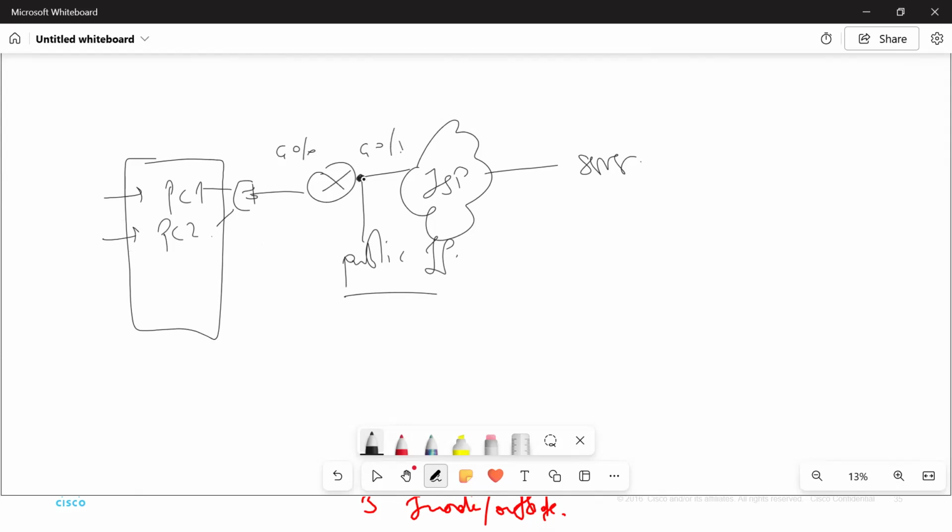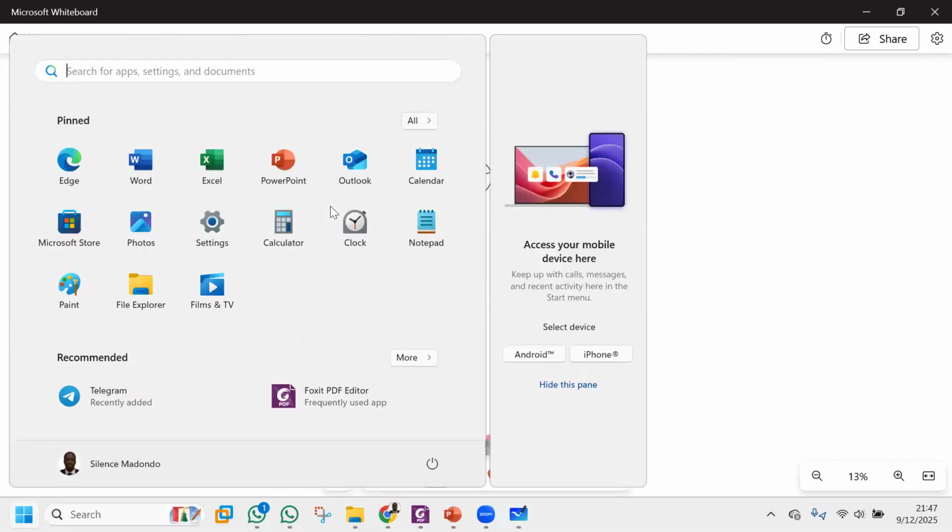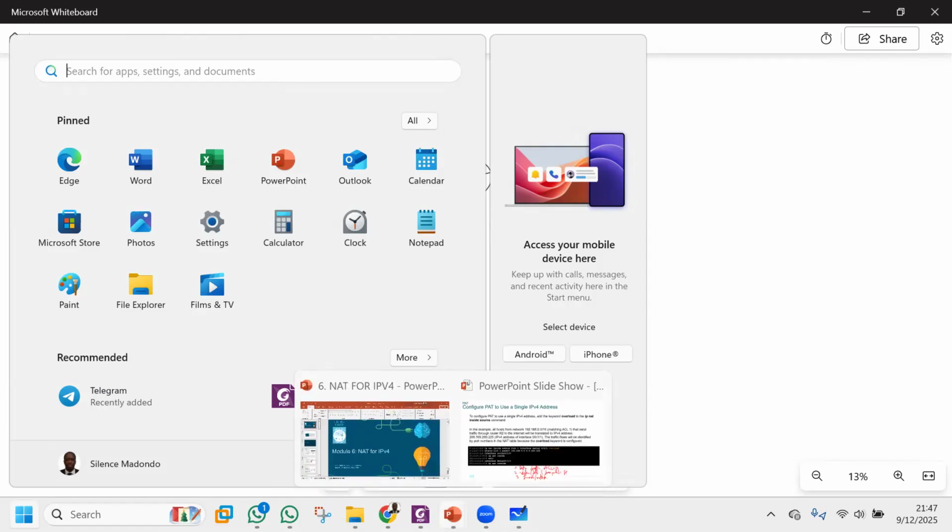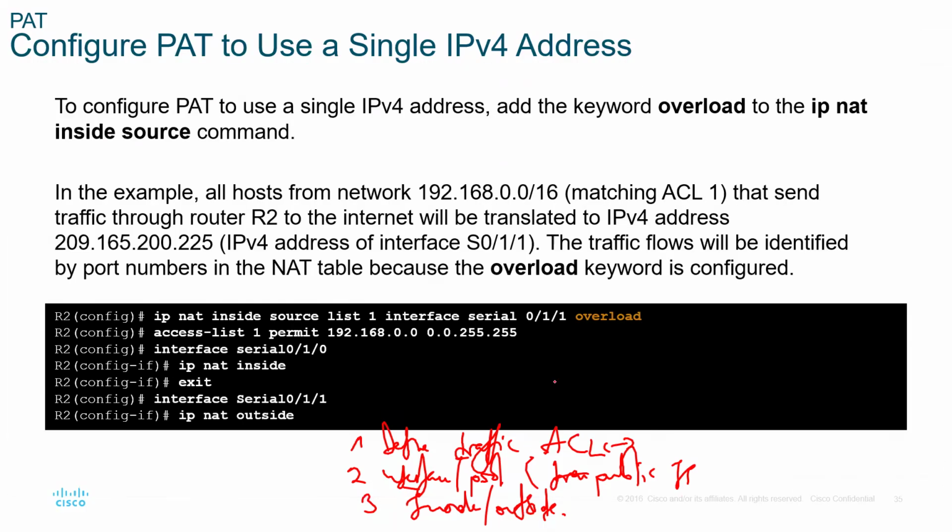PC2 is also going to be using the address of that interface. So the exit interface, the outside interface, its IP address will be used as our global address.